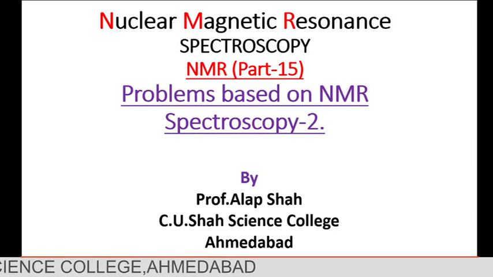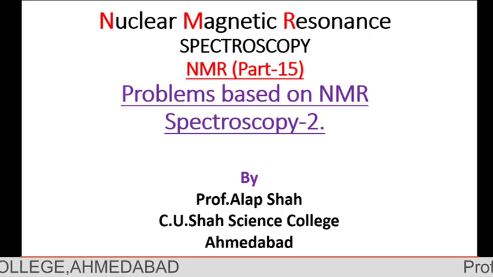Hello everyone. I hope you have watched NMR part 14, in which we started the problems based on NMR spectroscopy, and I have named that video Problems Based on NMR Spectroscopy Part 1.